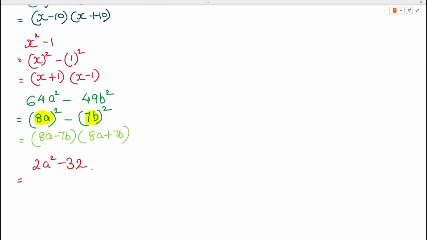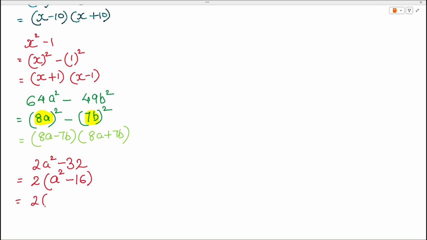When an expression is given to us, the very first thing we try to do is common factoring. Between these two terms, 2 is a common factor. If we take 2 out as a common factor, we are left with a square minus 32 divided by 2, which is 16.